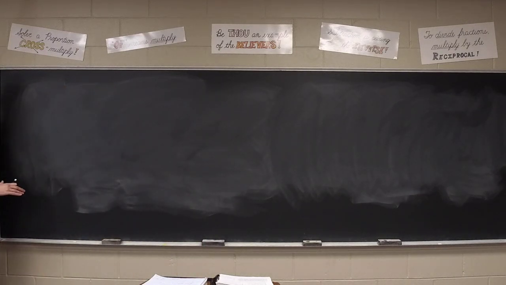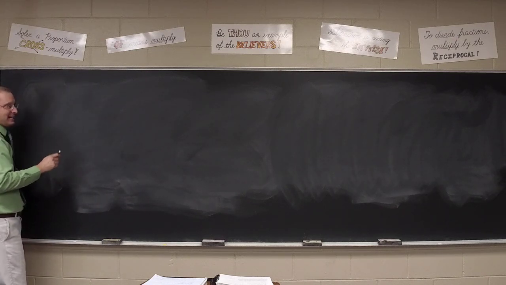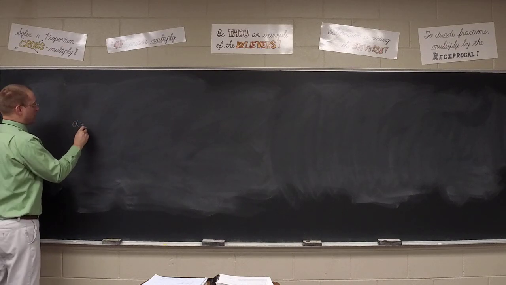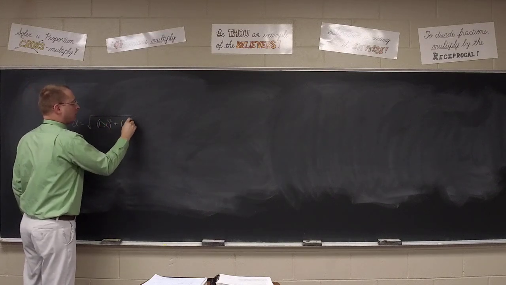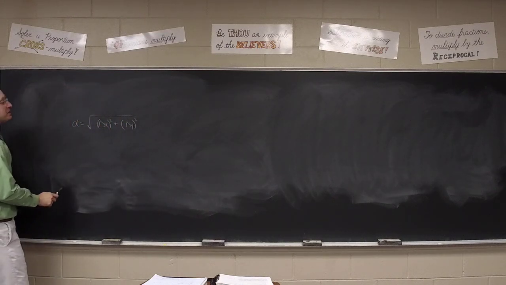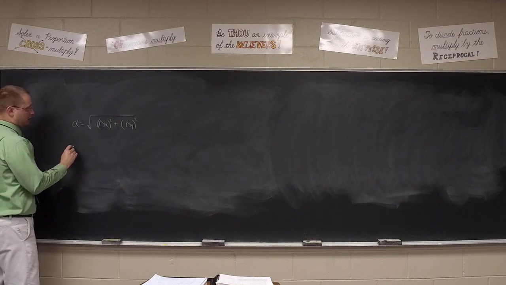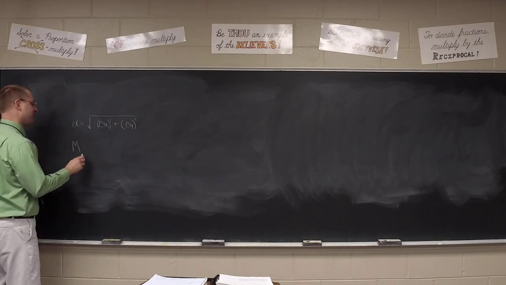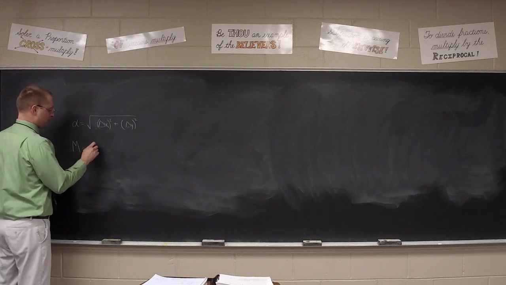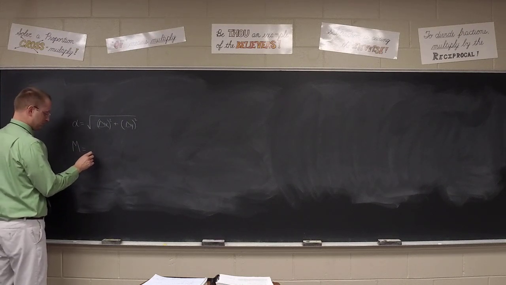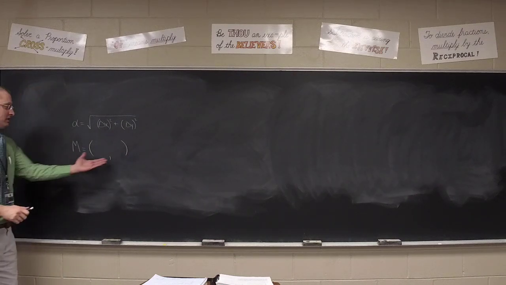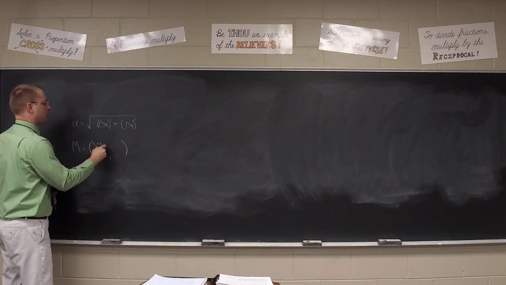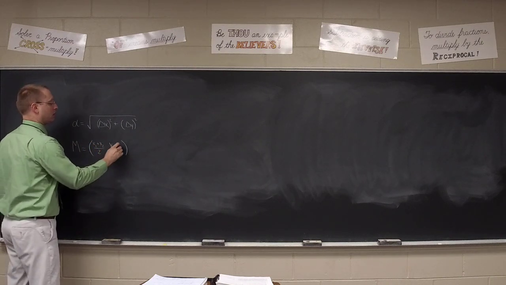I know we just took a quiz on this in our last lesson, but hey, what is the formula we would use to find the length of a line segment? D equals the square root of change in x squared plus change in y squared. There we go. If I wanted to find the midpoint of a line segment, remember it's a point, so coordinates: x1 plus x2, and y1 plus y2, each over 2.